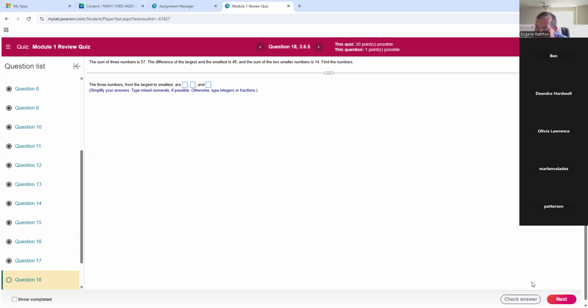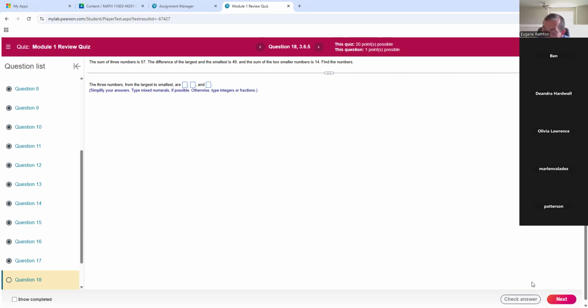All right, so this will be the last of the systems. All right, y'all. Sum of three numbers is 57. Then they said the difference of largest and smallest is 49.